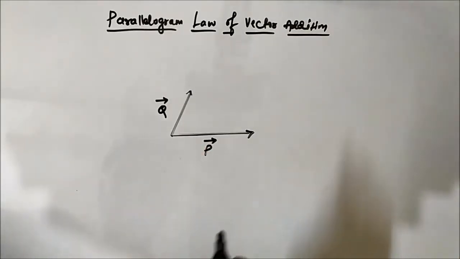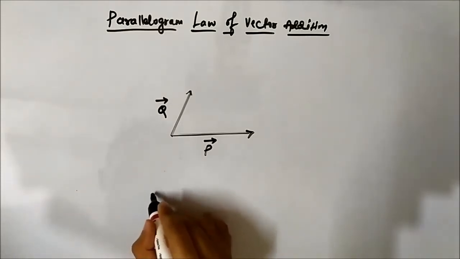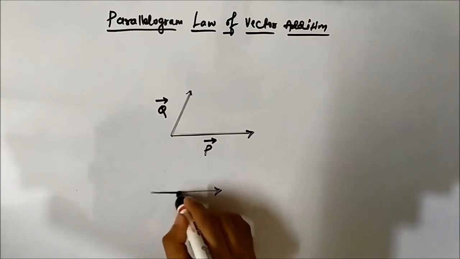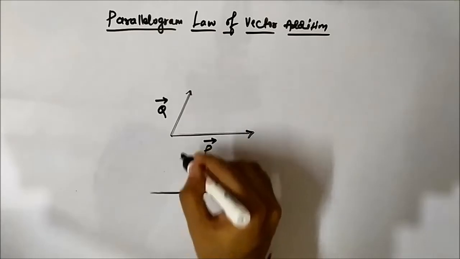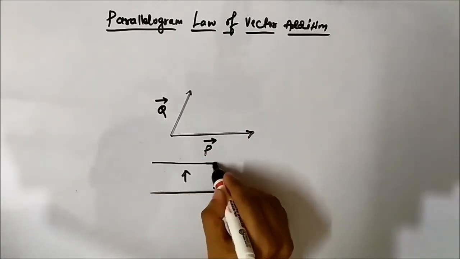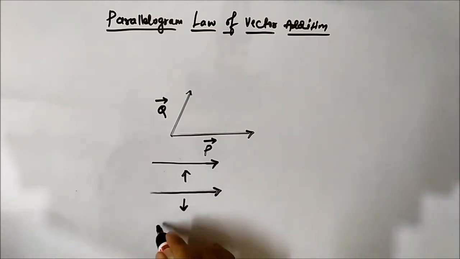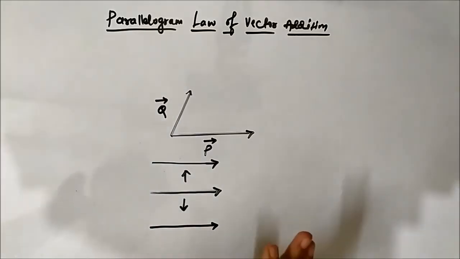What I mean is that suppose we have a vector like this, we can move it upwards without changing the magnitude and direction, or we can take it downwards without any change in the magnitude and direction.